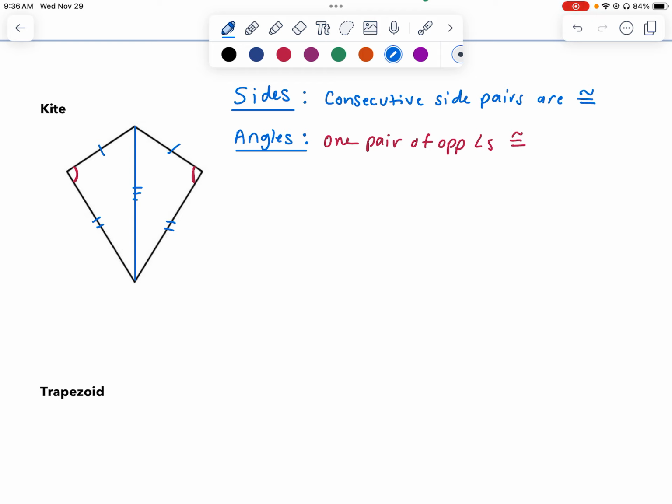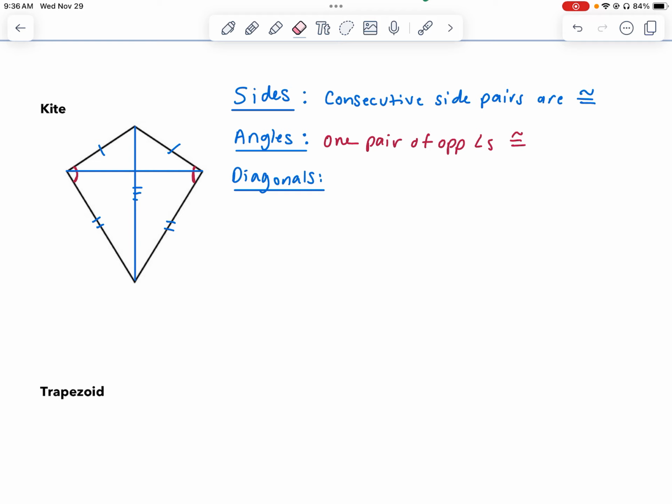The big additional thing is going to come when we look at the diagonals. So I'm going to go ahead and draw in the second diagonal. Before I get too deep into that, I want to go back to the two half triangles that we proved congruent to each other.